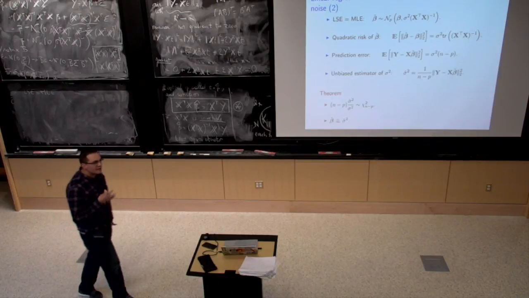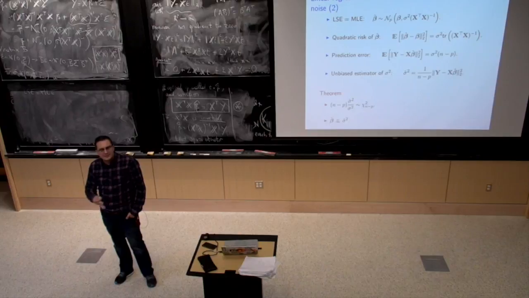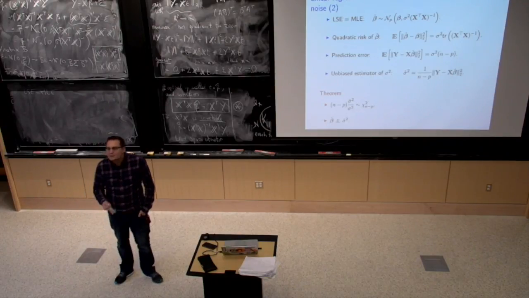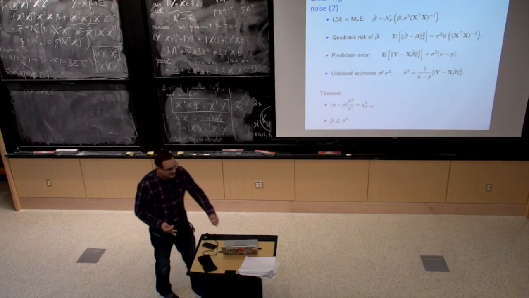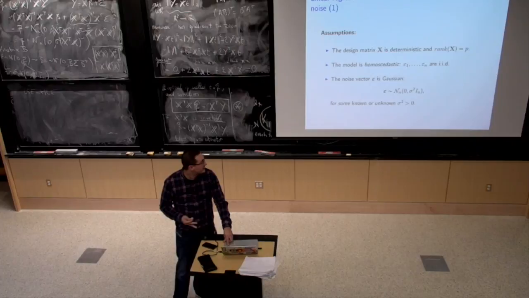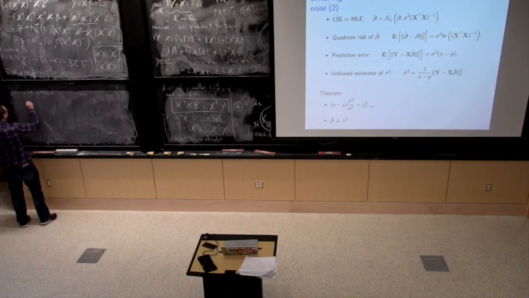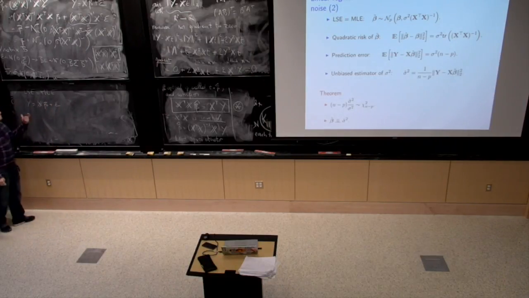But if I want to talk about a maximum likelihood estimator, I need to have a likelihood. And in particular, I need to have a density. And so if I want a density, I have to make those assumptions, such as the epsilons have this Gaussian distribution. So why is this the maximum likelihood estimator? Well, remember, y is X transpose beta plus epsilon. So I actually have a bunch of data.